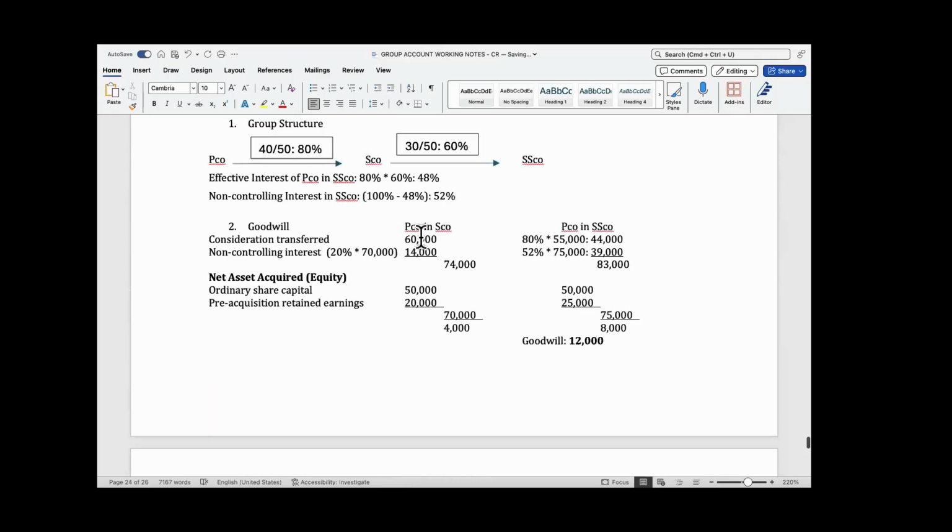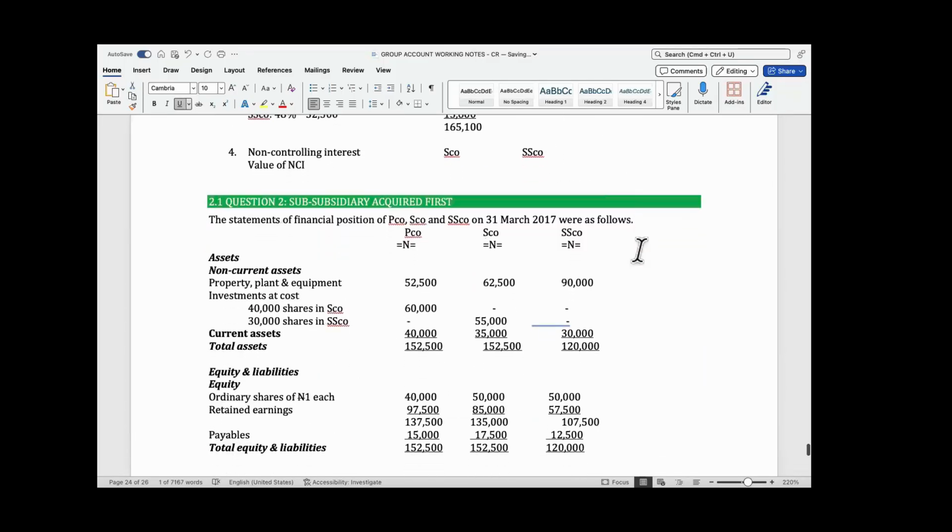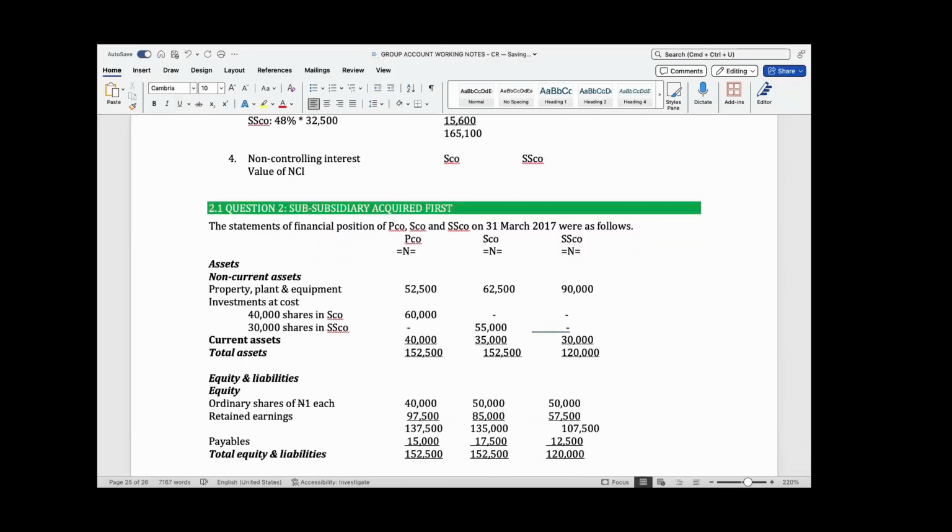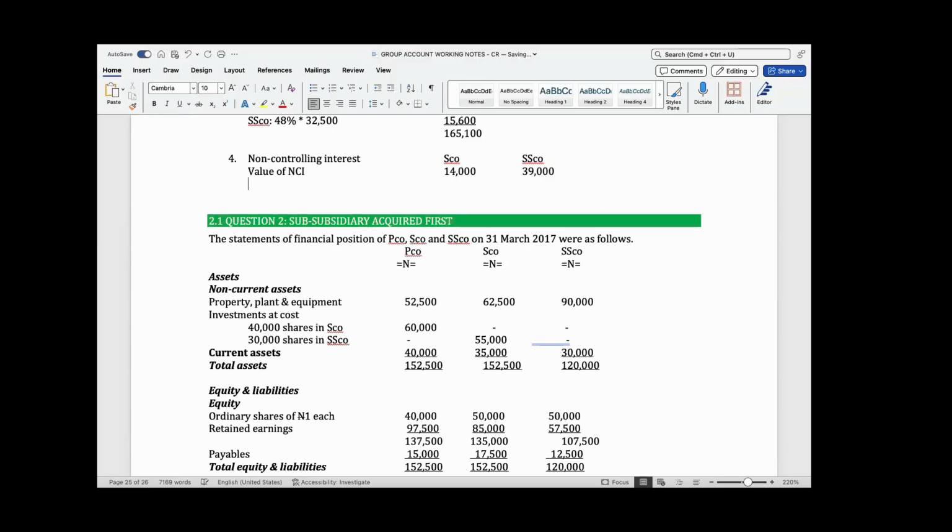In ESCO, what's the value of NCI? 14,000. In SSCO, what's the value of NCI? 39,000. So we are looking at 14,000 and we are looking at 39,000. So let's get the NCI share in ESCO and in SSCO.